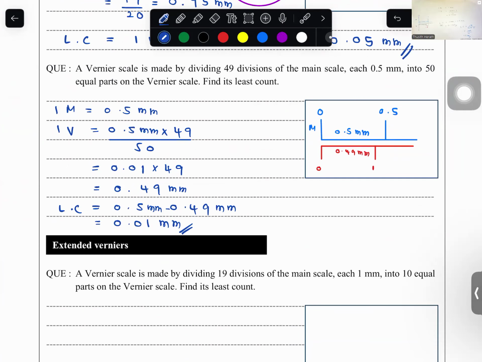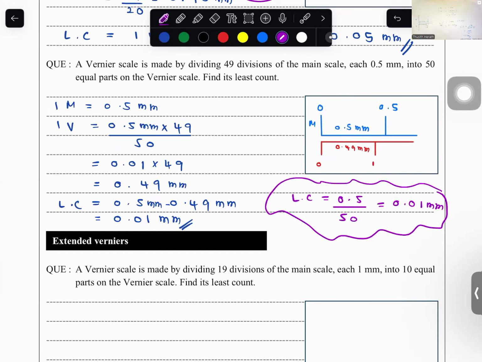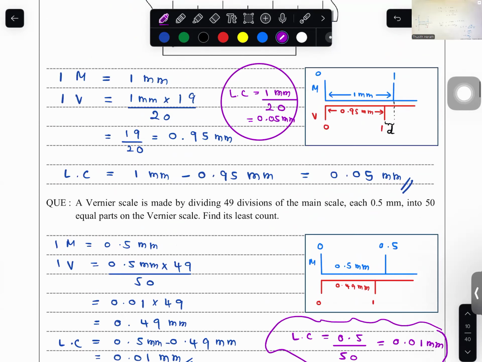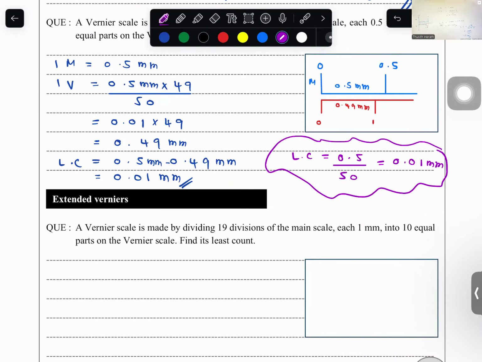Let's check the short method. Least count equals the length of a main scale division, 0.5, over the number of vernier divisions, 50. 0.5 over 50 means 0.01. It's also correct. Got it?